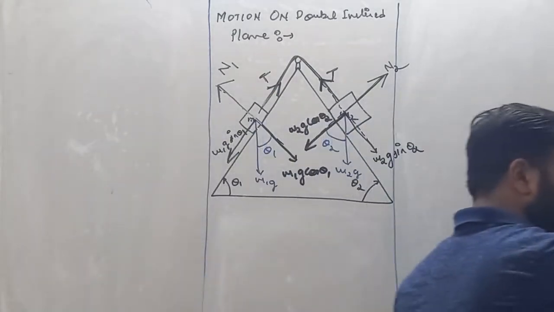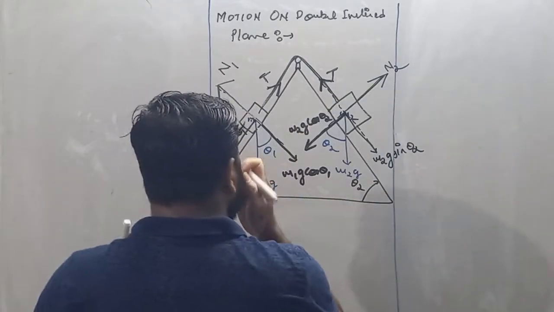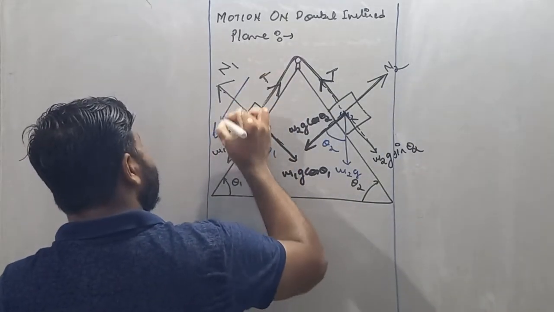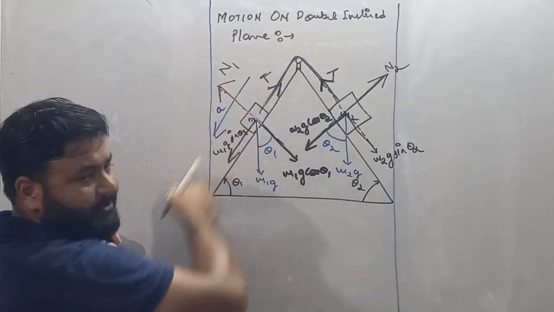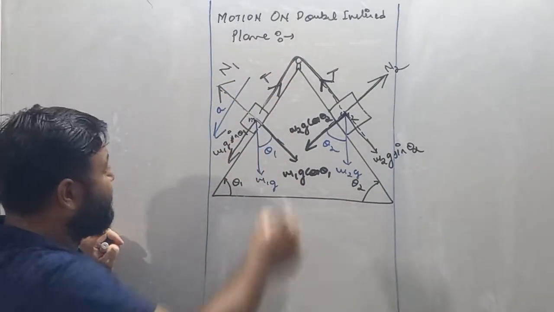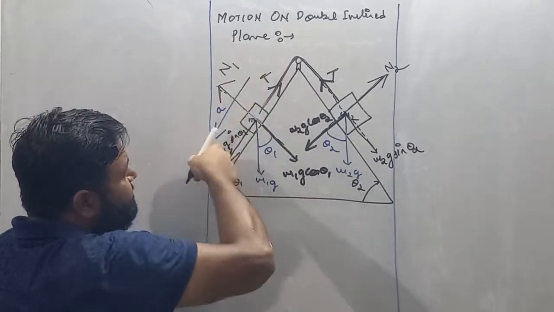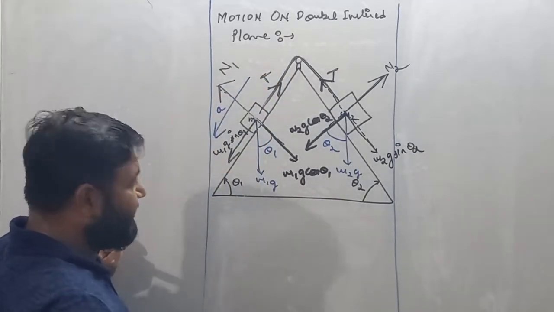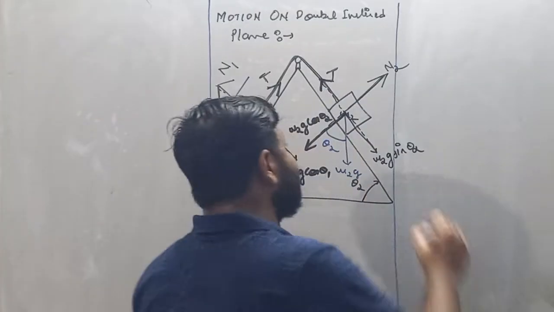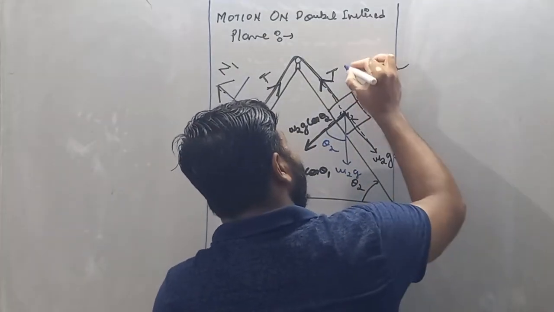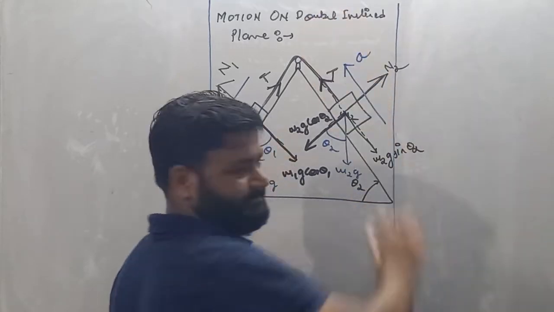Now my dear student, let's suppose this system is moving in this direction with acceleration a. Now see, if this system is moving down with acceleration a, or we can say if this block is moving down with acceleration a, then it is obvious, my dear student, that the acceleration of this block must be in the upward direction.